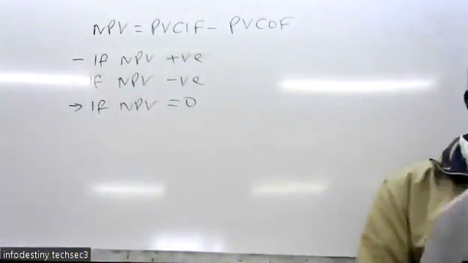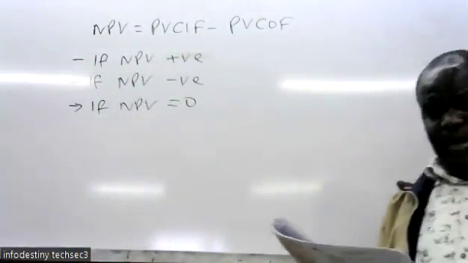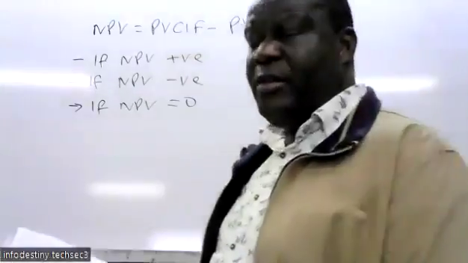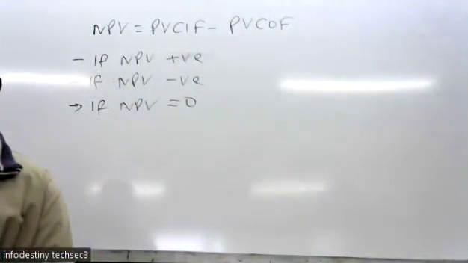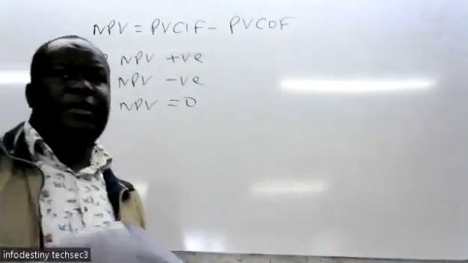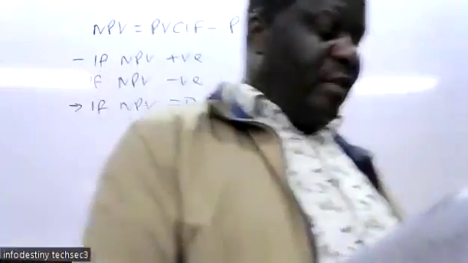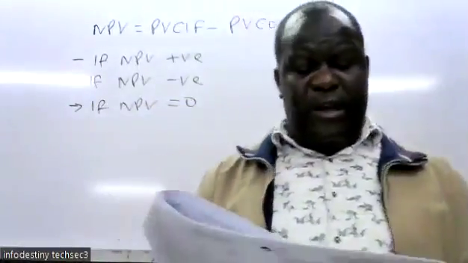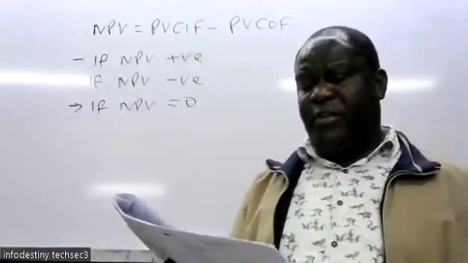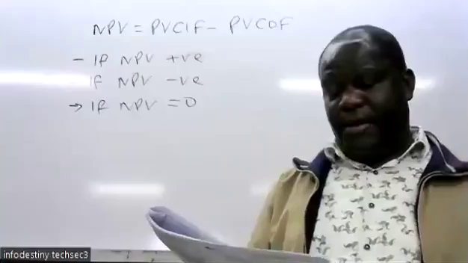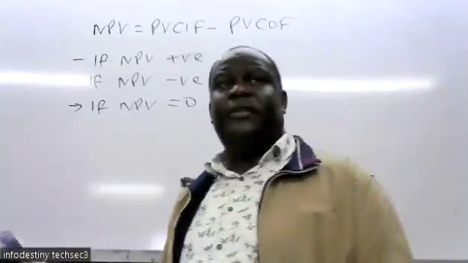So May 2021, question 1, part B. The question reads that Nyakati Limited intends to invest in a 4-year project whose initial outlay is 32 million.